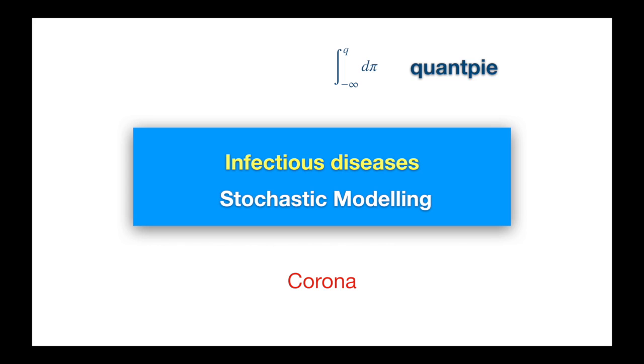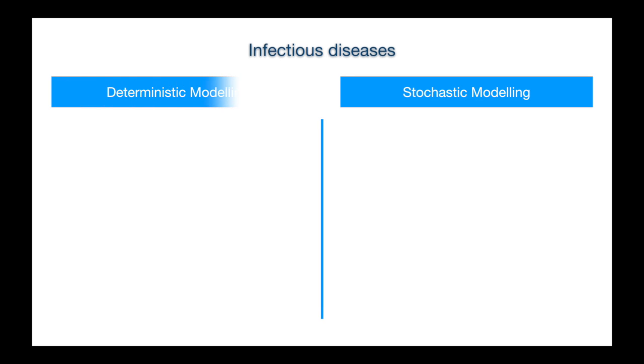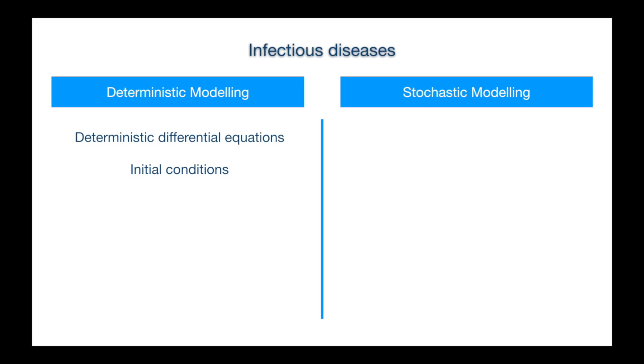Just for the context, let's quickly recap the main differences between the stochastic and deterministic settings. In the deterministic models, the inflows and outflows of the different compartments are described by differential equations. And once the initial conditions are specified, then we can solve the differential equations in implicit or explicit form for the various quantities of interest.